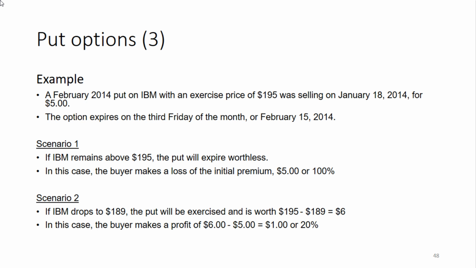In the second scenario, IBM drops to 189. So for the put option now, it becomes attractive to exercise because under the put option conditions, he's allowed to sell the underlying for a higher price, for 195. That's the exercise price.